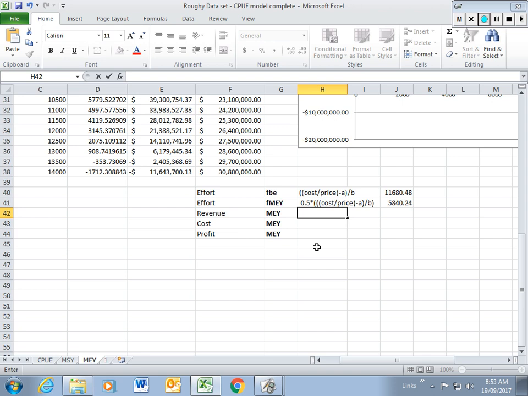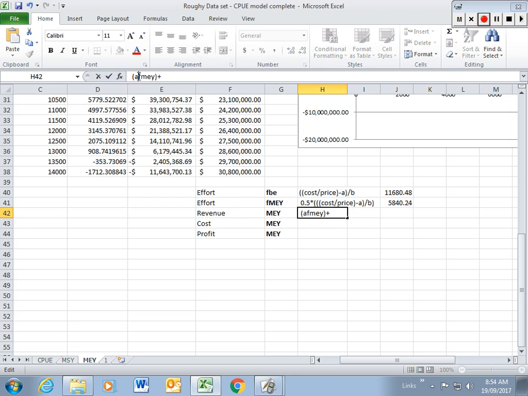written out like such. So it's the A function multiplied by the level of effort at MEY, so this number here, plus, sorry, that's going to have a bracket around it for a second, just so that we don't get confused.